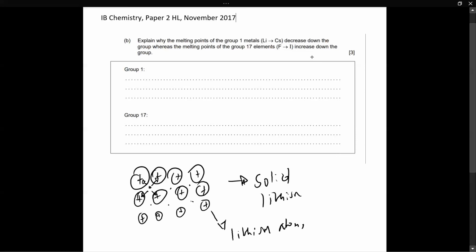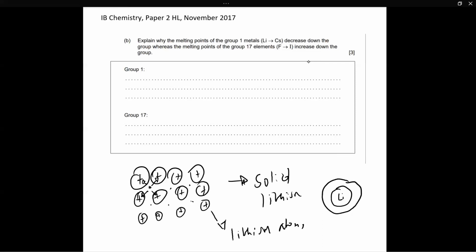So imagine you have lithium, right? Lithium, I believe, has two shells. So lithium has the inner shell, and then it has one more shell. Sorry, my apologies. Lithium has only one shell. So this lithium, its ionic radius is this small.